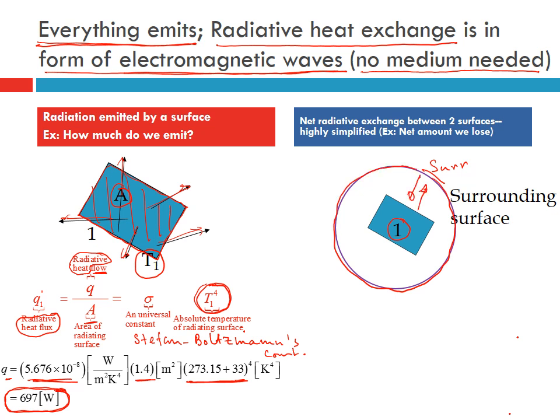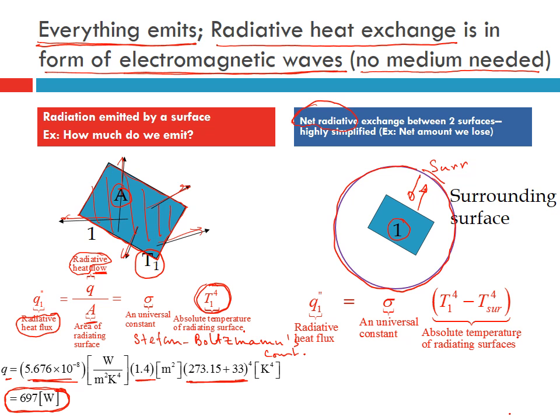So we are radiating to the surroundings and the surroundings are radiating back. So we need to think of a net radiative exchange between these two. And the net exchange formula is, of course, different. Now the radiative heat flux is equal to this body's temperature T1 to the fourth minus the surroundings temperature to the fourth, because it is getting back this amount.